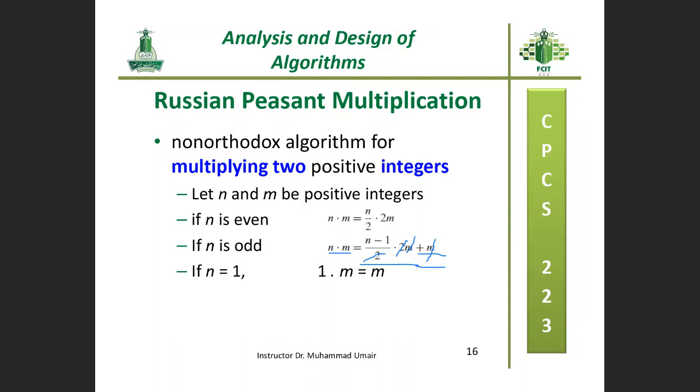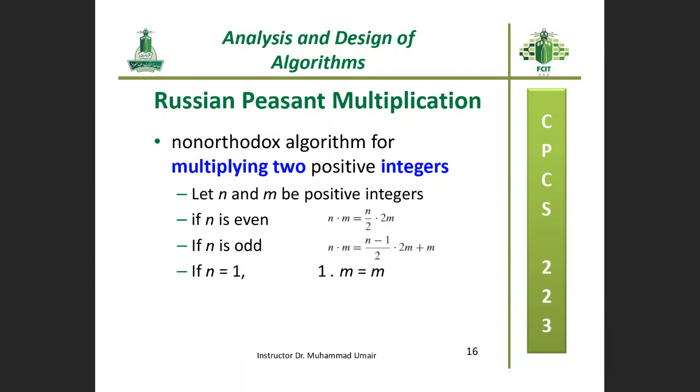Is it clear? So actually in this technique we are just converting any number into the form of the table of 2. Either we are making it half, or we are multiplying it by 2. So only by remembering the doubling and halving technique, you will easily calculate the result.